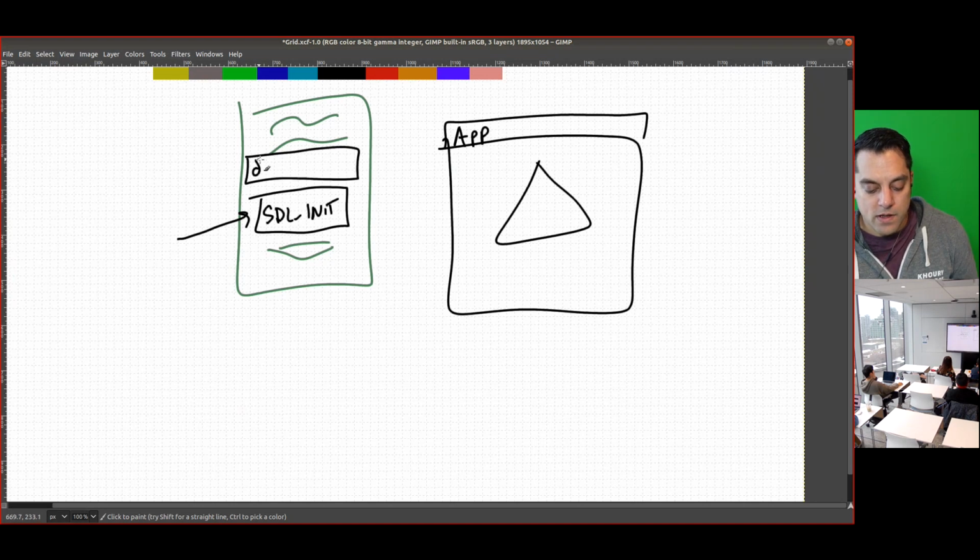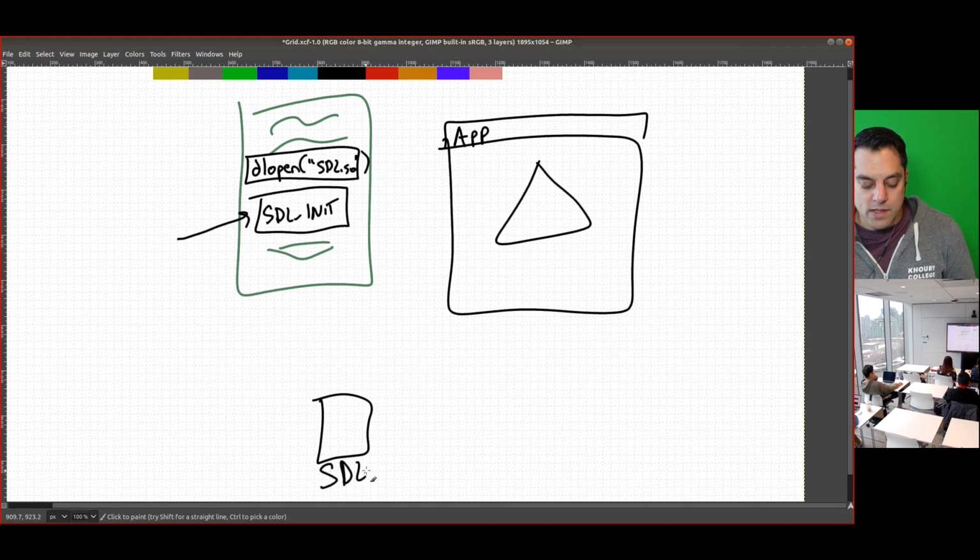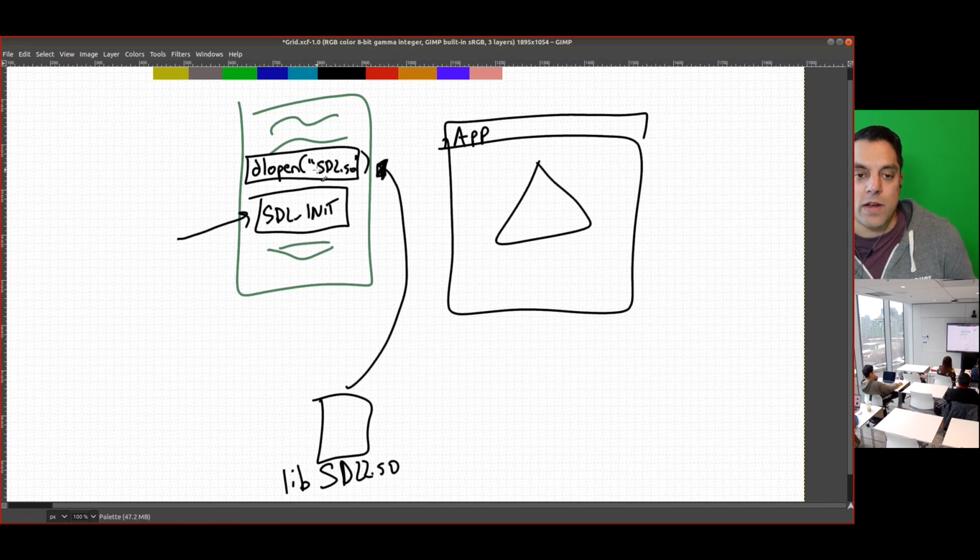I'll write dlopen, and it's going to look for that library, libSDL2.so or whatever extension it needs. And that's finding the actual file here, that shared object file. And again, usually it has lib in front of it, SDL2, and it loads up the code right before your program starts running.